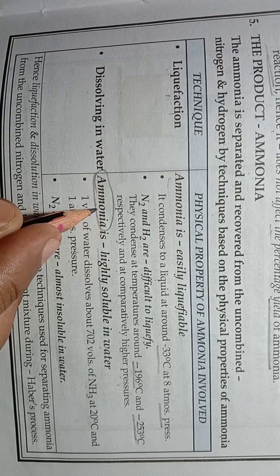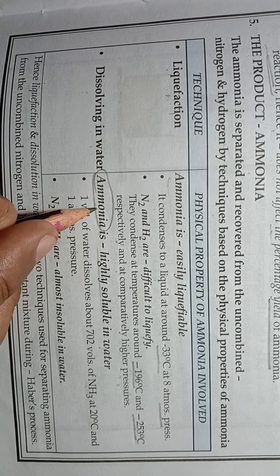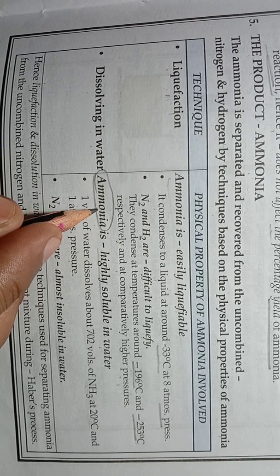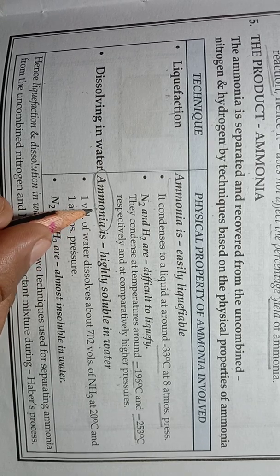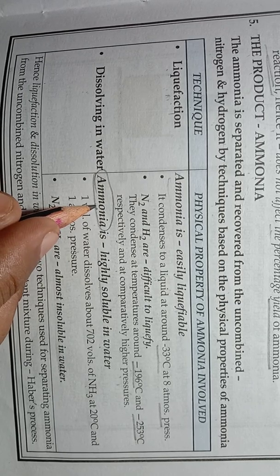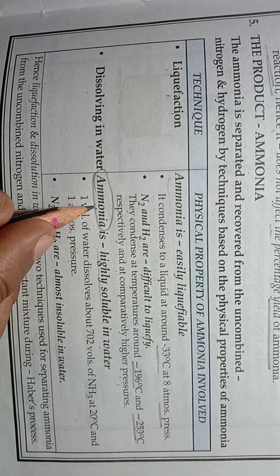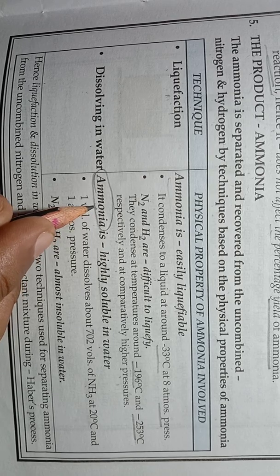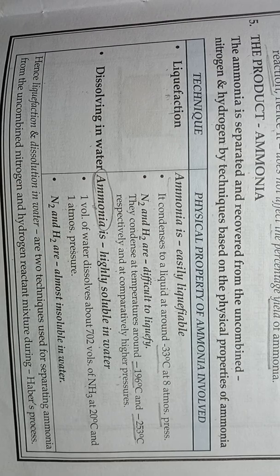Students, can you give me one example of such a gas which is acidic in nature and highly soluble in water? That gas is HCl, and it is also highly soluble in water like ammonia. The aqueous solution of ammonia is alkaline or basic in nature, whereas the aqueous solution of HCl is acidic in nature.